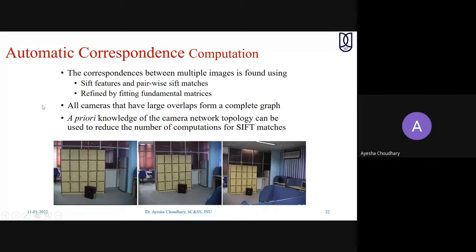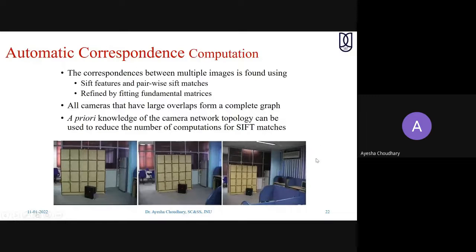Now, because we are talking about complete graphs and subnetworks, they all have to look at the same scene. So these are 3 different cameras looking at the same scene. Now, if we knew the topology of the camera network, then we can reduce the number of computations for SIFT matches.